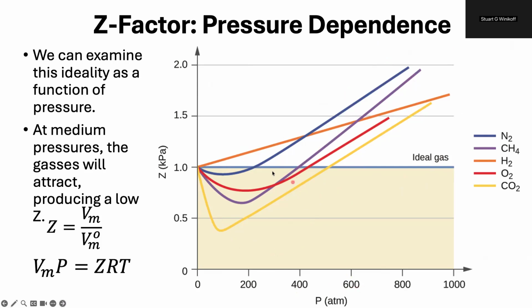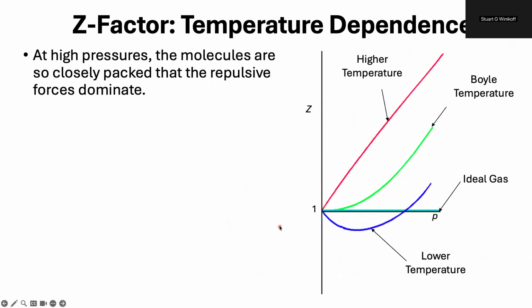Because under these low to medium pressures, again, this is going to be usually somewhere in about 1 ATM to 400 ATM, depending on the identity of the gas, we actually see the Z start showing an attractive property as the intermolecular forces are going to be a lot more attractive, leading to a lower compressibility factor, a Z below 1. So again, we note some very interesting features depending on the identity of the gas.